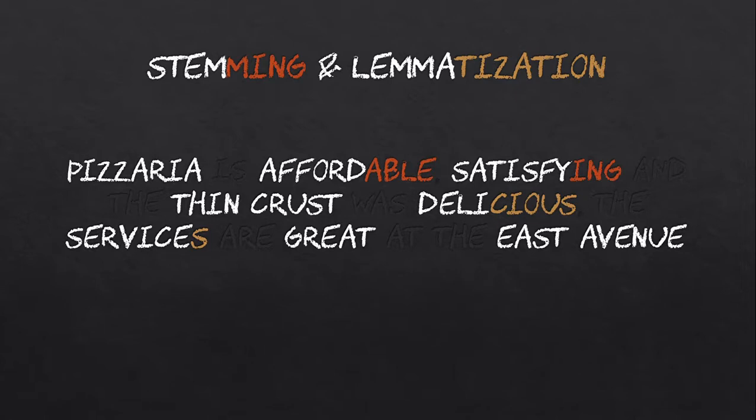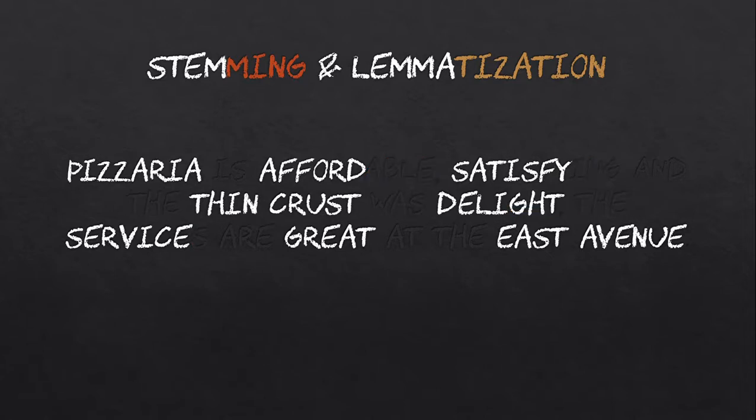Here you can see that delicious, the word is a part of lemmatization because if you use stemming on delicious word, it will generate delici or deli, which is not a valid word. So here you can see that delicious was converted into delight.